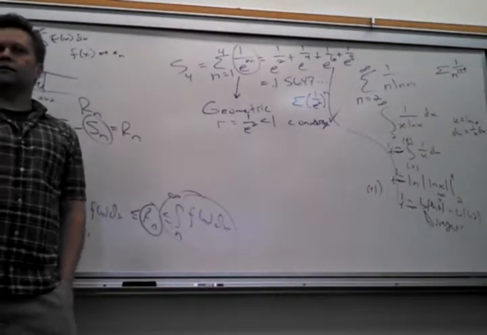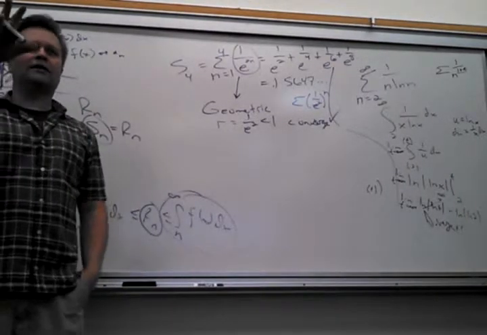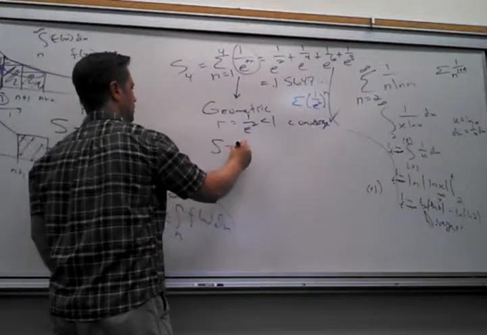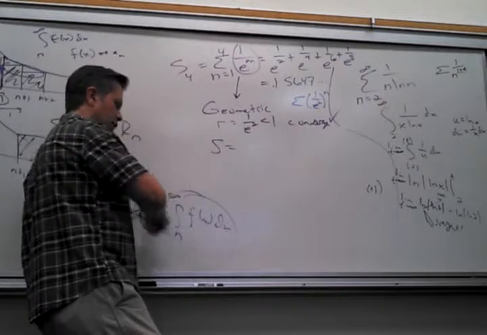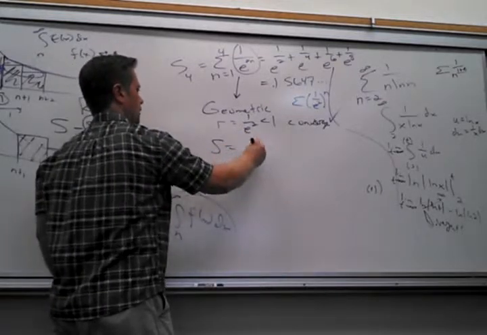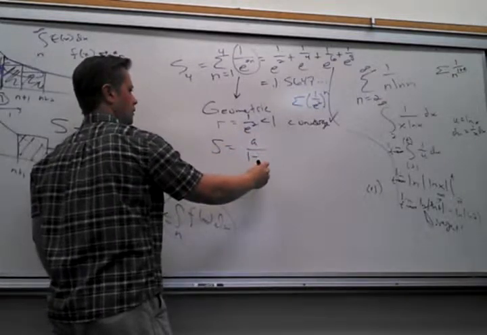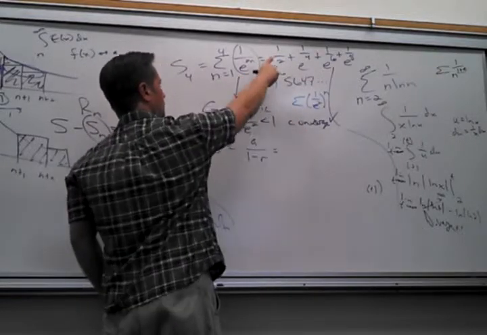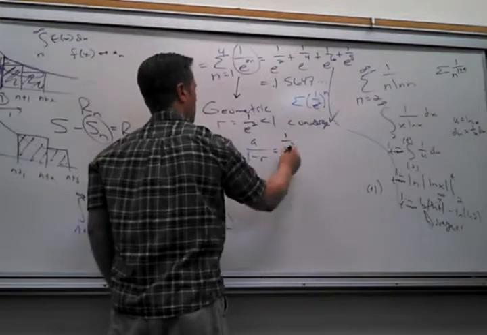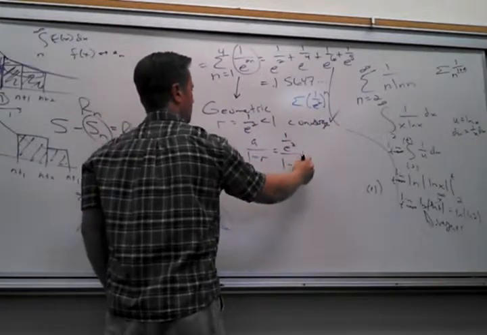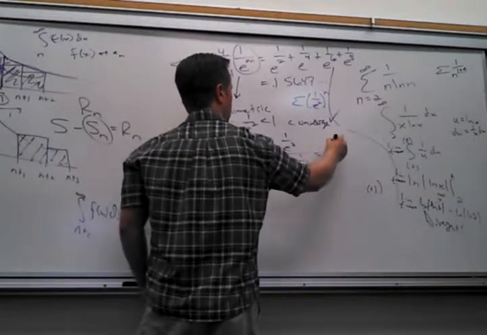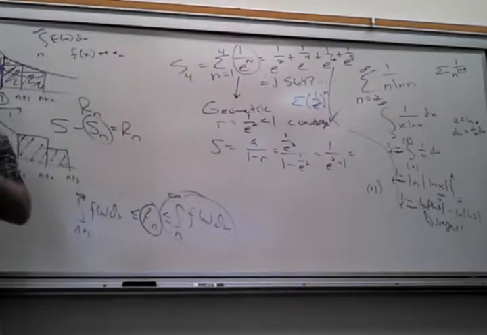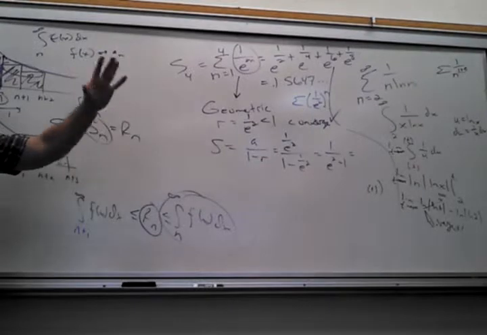And I know exactly what it's going to converge to. What's the little formula for the geometric sum? Don't worry, we're eventually going to get here. First term over 1 minus R. So what's the first sequence element? 1 over e squared. And R was 1 over e squared. So if I multiply by e squared, I get 1 over e squared minus 1. You guys see that?